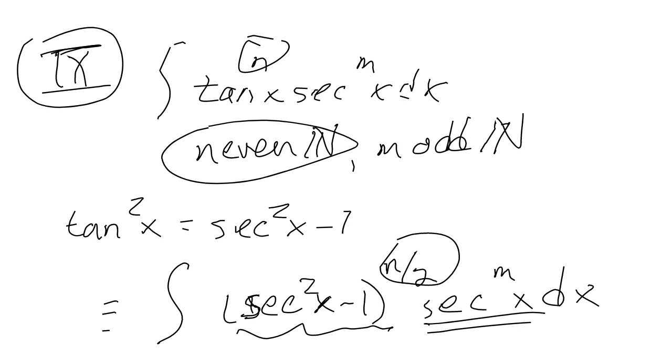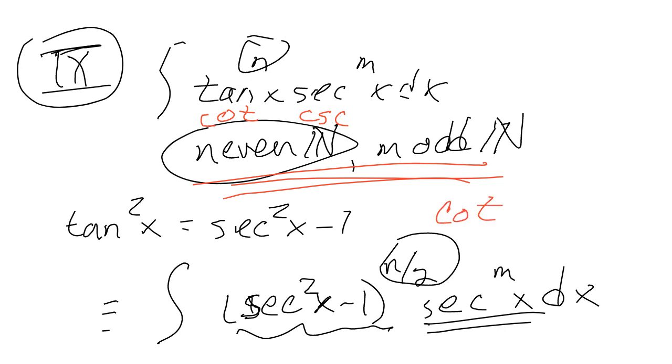And of course, we also have case 9 doing a similar deal, in fact, taking it out of cotangent squared. So if this is cotangent to the nth power and cosecant to the mth power, where we've got the same things here, then we would use the rule that cotangent squared x is cosecant squared x minus 1.